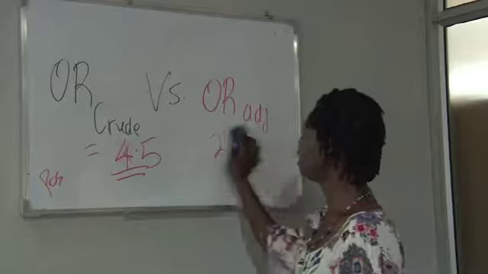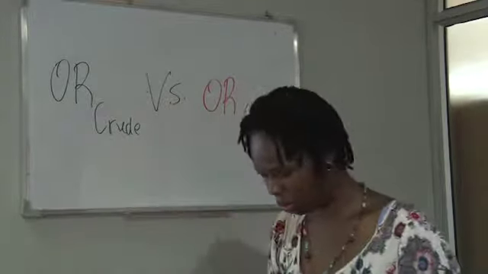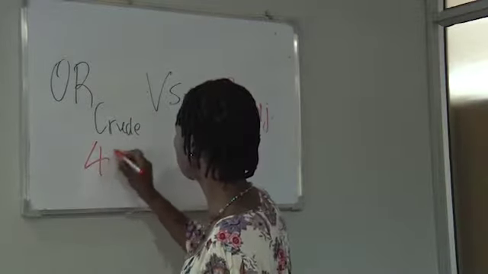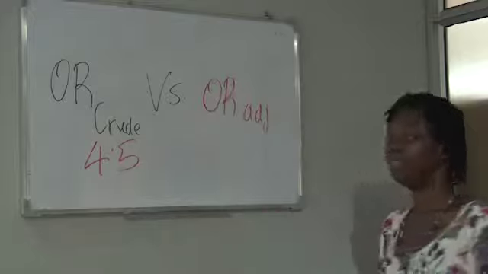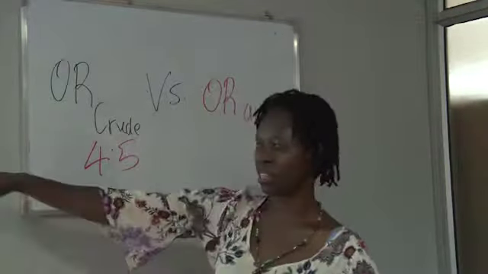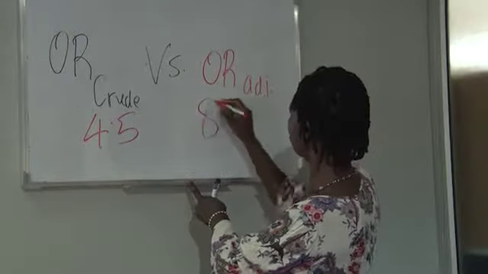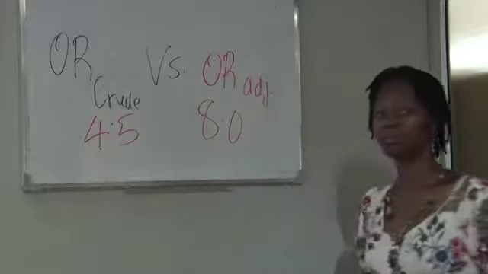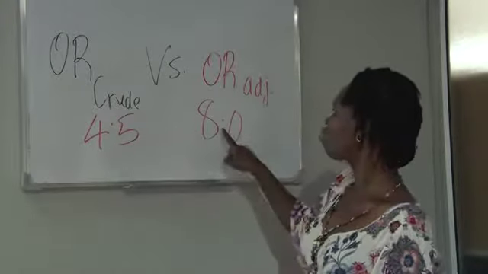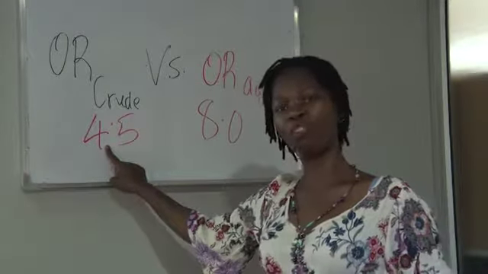If, on the other hand, you had a 4.5 as your confounded one, crude, and then you remove the confounding by the adjustment measures as we have seen, and you get it as 8. What was happening is that the true odds ratio is 8, but the confounding was showing you a 4.1.